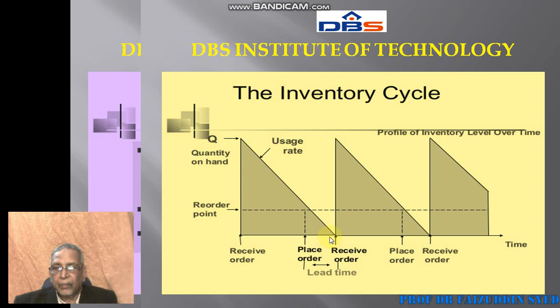You can see the quantity on hand on the left side, which is the highest value at Q. Then the material is slowly getting exhausted along a slant line, and you can see a dotted line here. We call it the reorder point. So we are keeping some stock from the reorder point to the x-axis timeline.